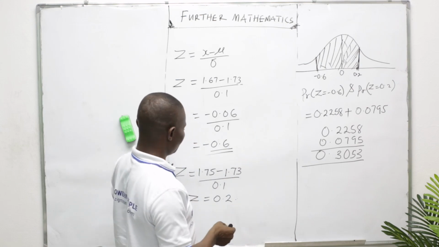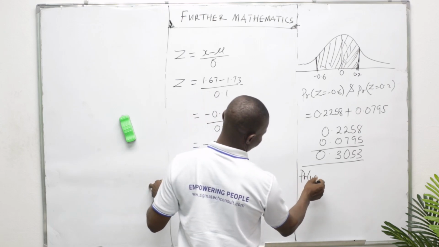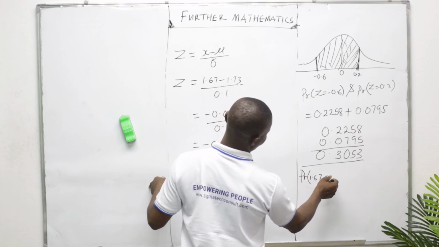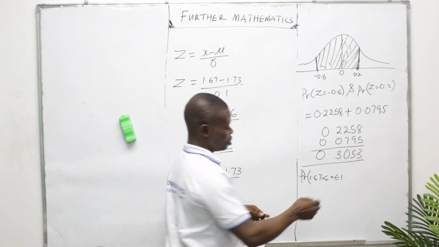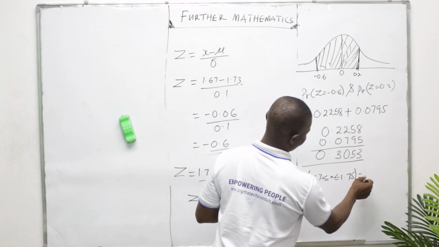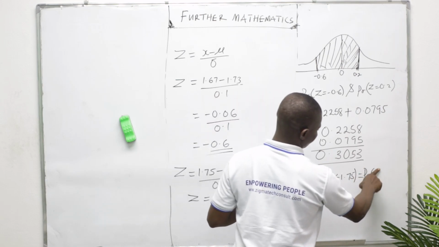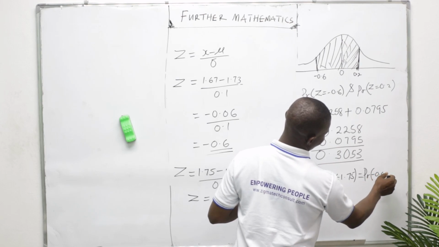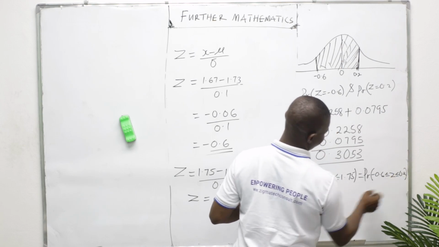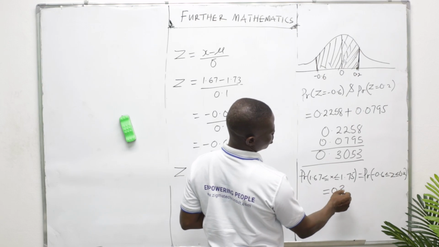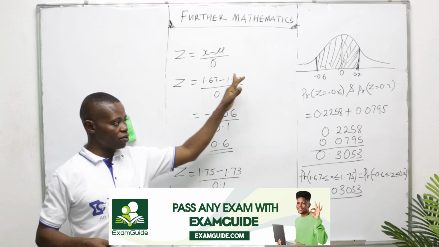Therefore, the probability of Z, that is P(1.67 less than or equal to X less than or equal to 1.75) equals P(minus 0.6 less than or equal to Z less than or equal to 0.2) equals what? 0.3053. Final answer to that question.